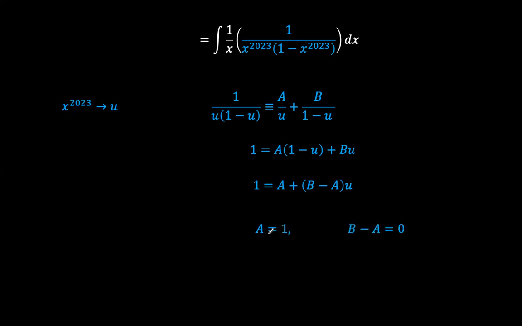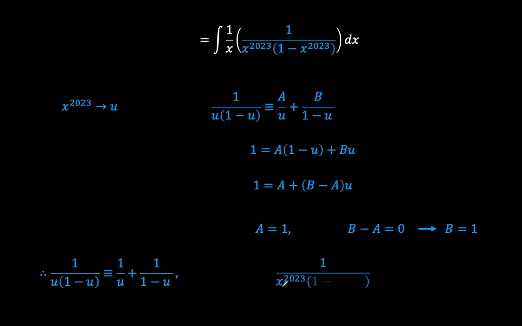Since a is equal to 1, and b equals a, it means that b is also equal to 1. Therefore, 1 over u times 1 minus u is the same as 1 over u plus 1 over 1 minus u, and thus 1 over x to the power 2023 times 1 minus x to the power 2023 is the same as 1 over x to the power 2023 plus 1 over 1 minus x to the power 2023.